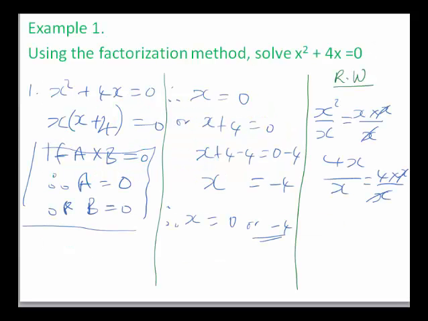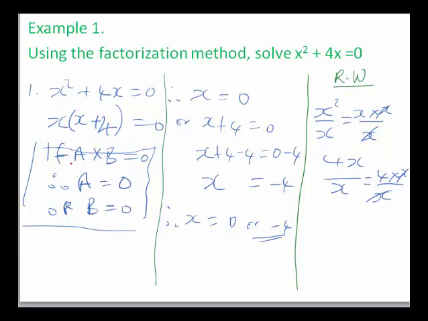Okay, then walking you through the first solution, where we have the constant as 0. So what is common here? When you have this, x is common, you have x into x plus 4 is 0. Then we apply one important concept, and whenever you are using factorization method, always have this in mind.